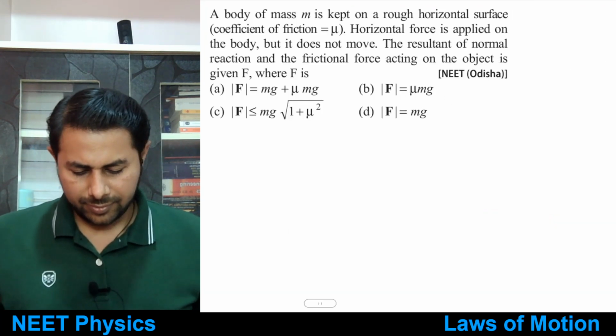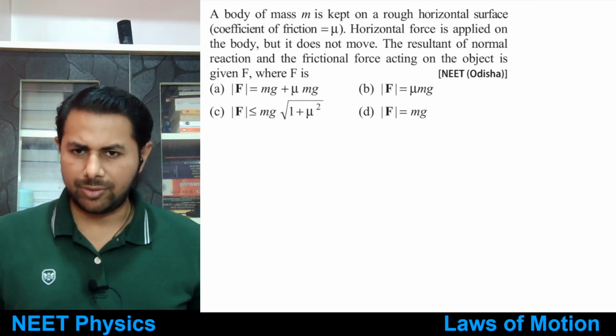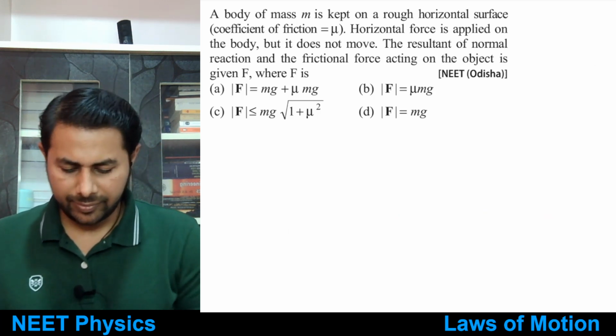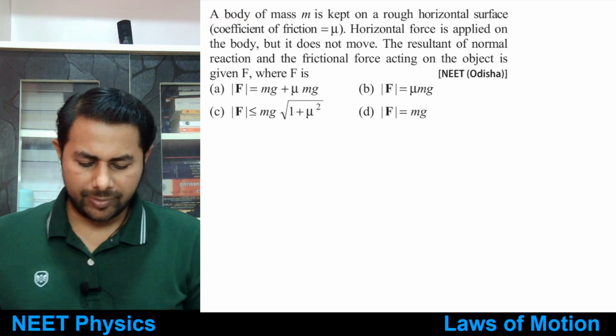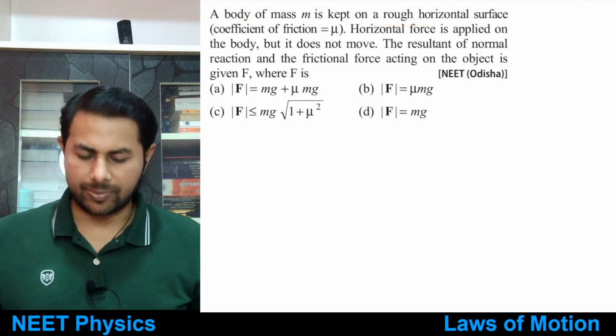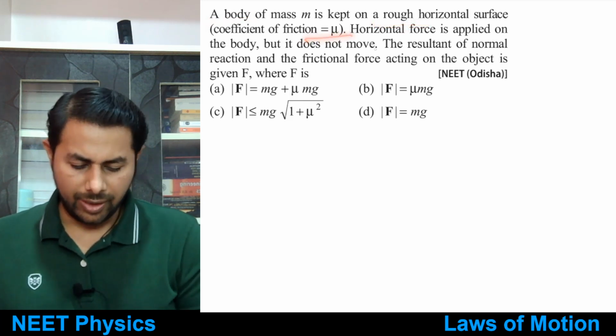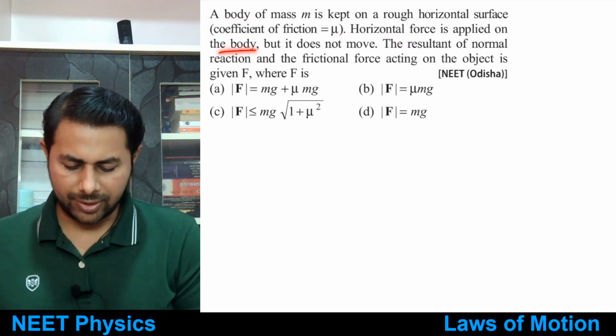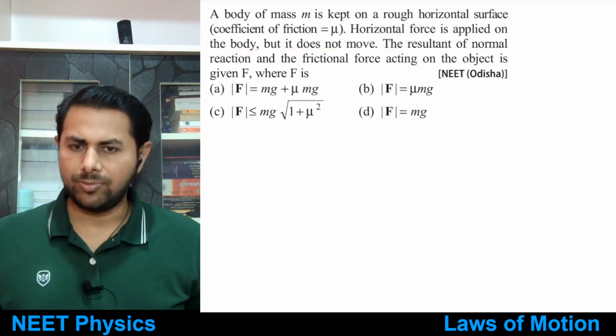Then let us see some simple problems based upon the friction. A body of mass m is kept on a rough horizontal surface. Coefficient of friction is mu. A horizontal force is applied on the body, but it does not move.